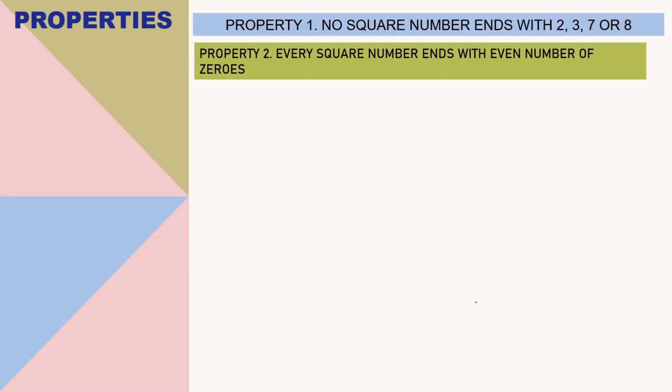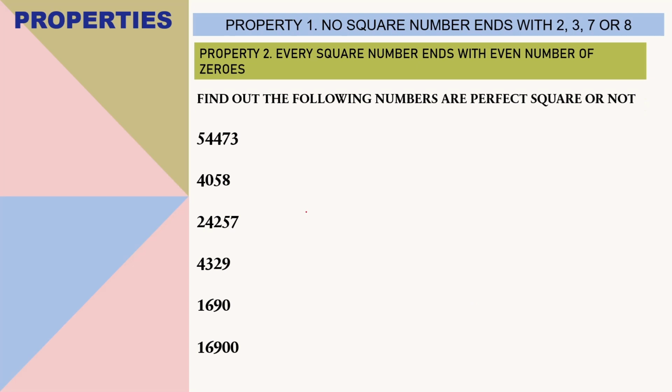Let's see. So first topic is based on first two properties, where no square number can end with 2, 3, 7 or 8 and every square number ends with even number of zeros. So find out whether the following numbers are perfect square or not.